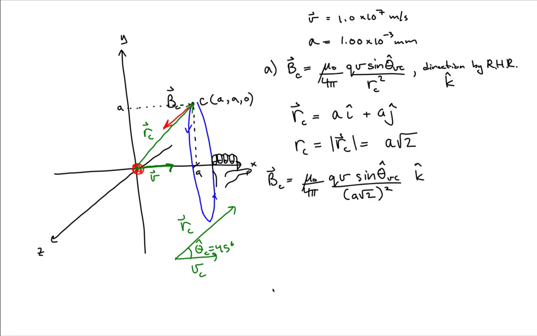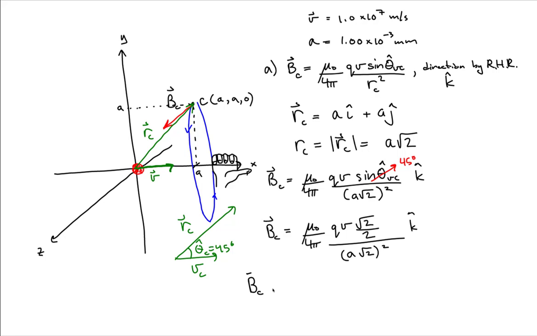And we know that the sine of 45 degrees is root 2 over 2. So we could write that the magnetic field at point C is equal to mu naught over 4 pi q v. This is going to be the sine of 45 degrees, and we said the sine of 45 degrees is root 2 over 2, and this is over a times root 2 quantity squared in the z direction.